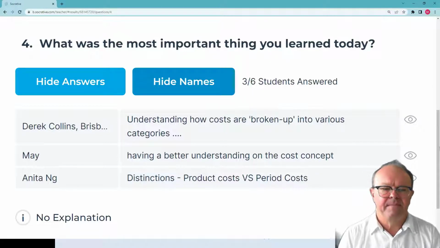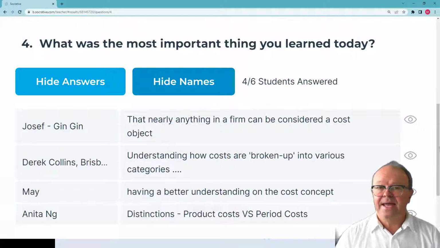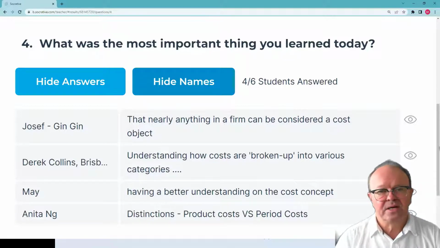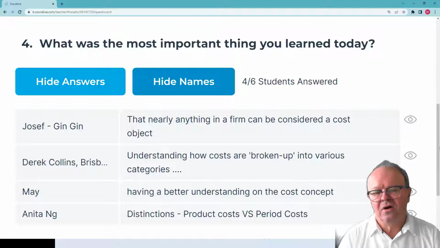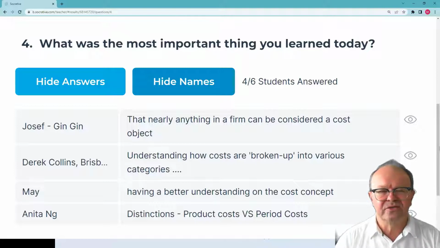But that's good. May, having a better understanding of the cost concepts. Yes, and so we looked at cost objects, and that can be any aspects of a business. We're going to be focusing on products, but they're only just one type of cost object. They're a very common one, because how can you sell products or services if you don't know how much they're costing you?